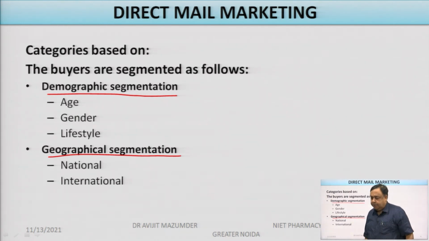Demographic segmentation is mainly carried out in terms of age, that is, whether your buyer is a senior citizen, or a person of around 50 to 60 years, or a very young person of around 20 to 25 years of age, or still in the teens, 16, 18, 20.